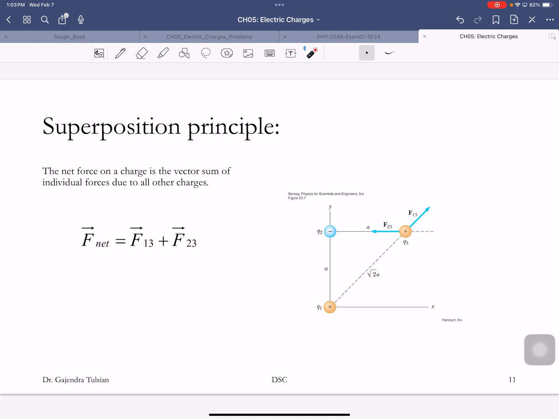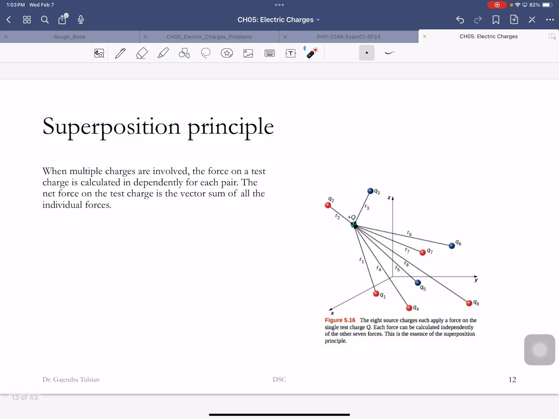That's the superposition principle. So for instance, if you have many charges and there's your test charge, you calculate the interaction as independent pairs and then take the sum of all of that. The 8 source charges each apply a force on the single test charge. Each force can be calculated independently of the other 7 forces.